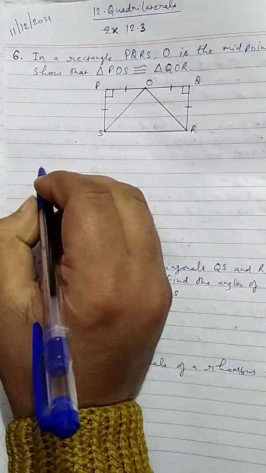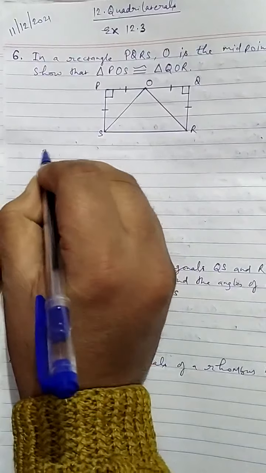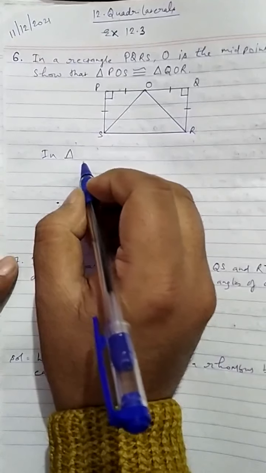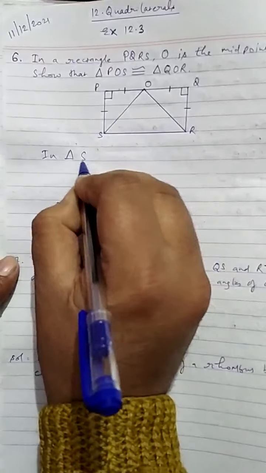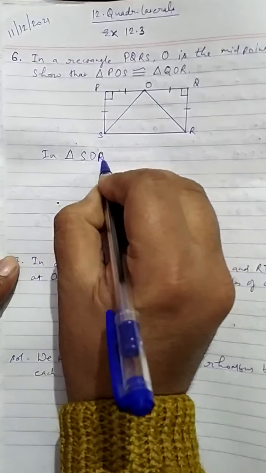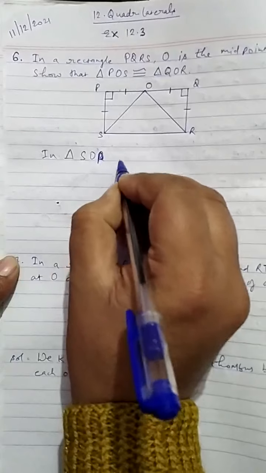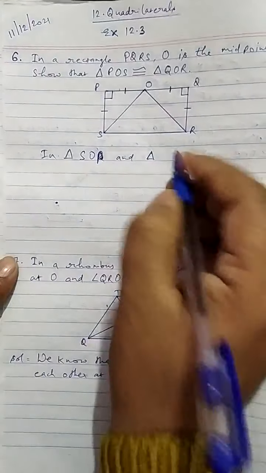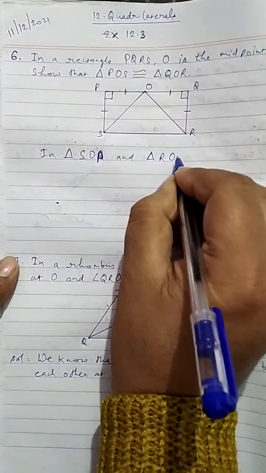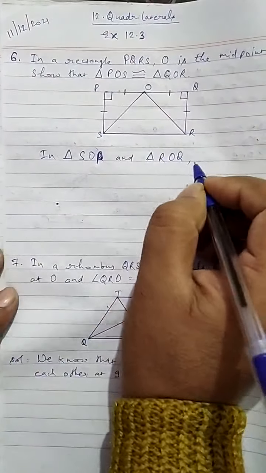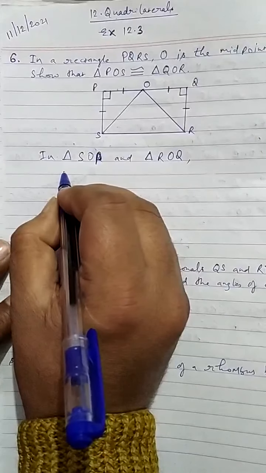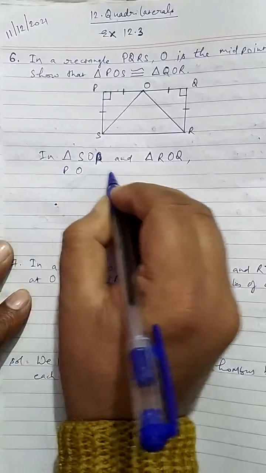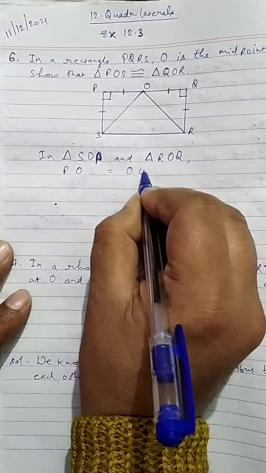First thing, in triangle SOP and triangle ROQ, PO equals OQ.